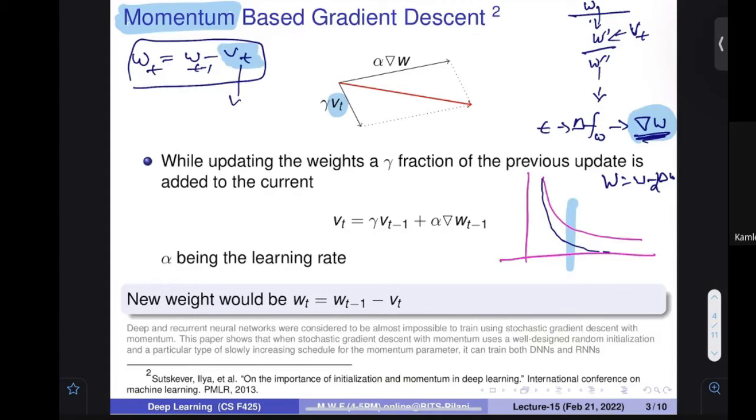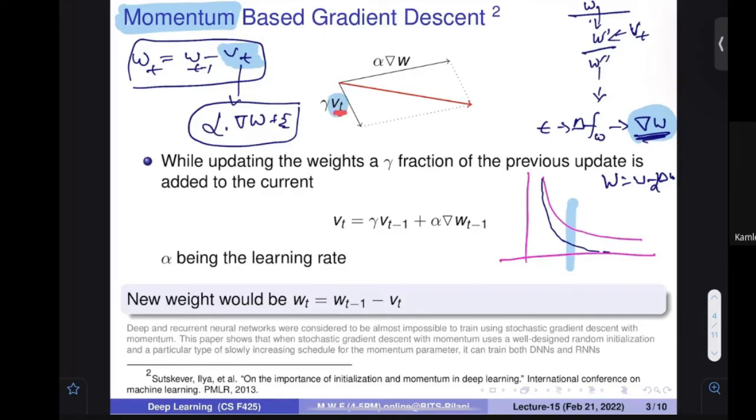It is some alpha times the derivative at that point, plus some more terms. I don't want to go into much detail because it is a recursive thing, the same thing has been done earlier also. So I just want to focus on how much I updated in the previous time.